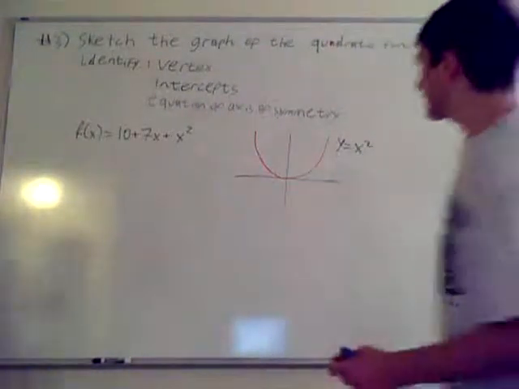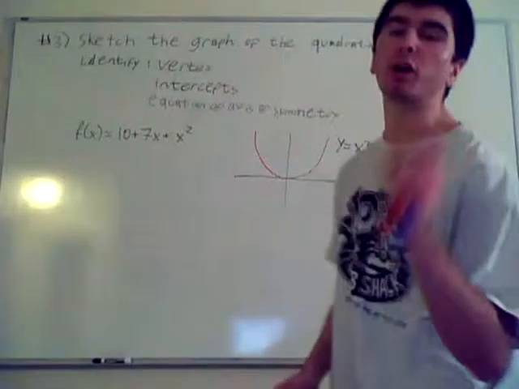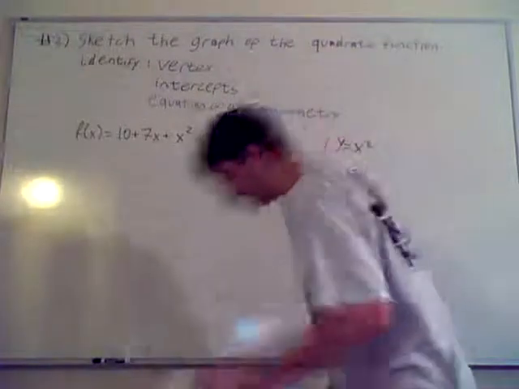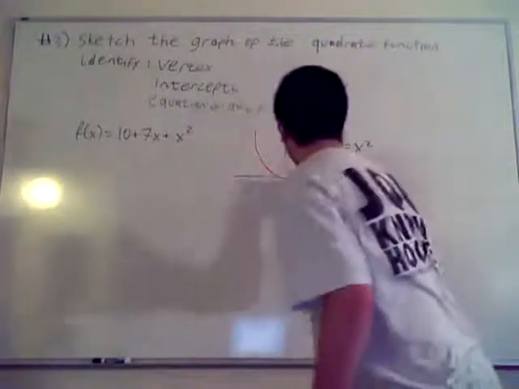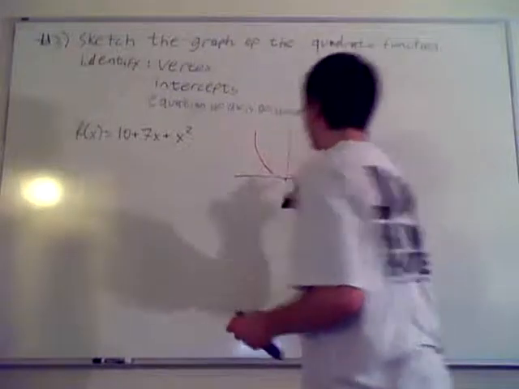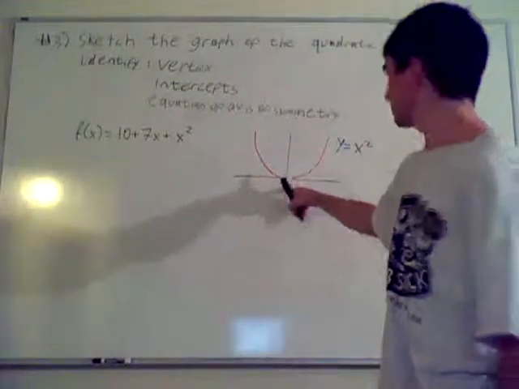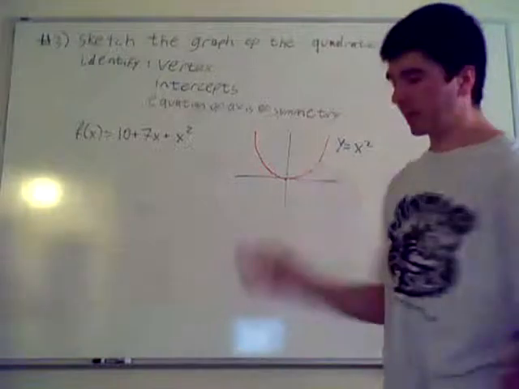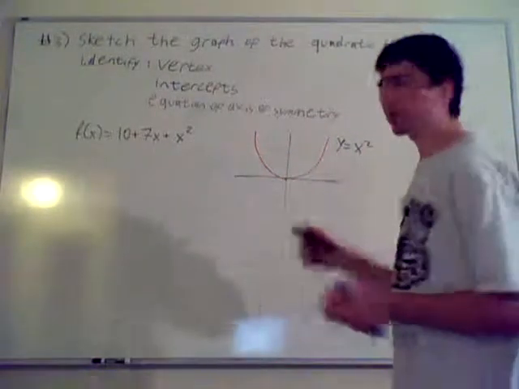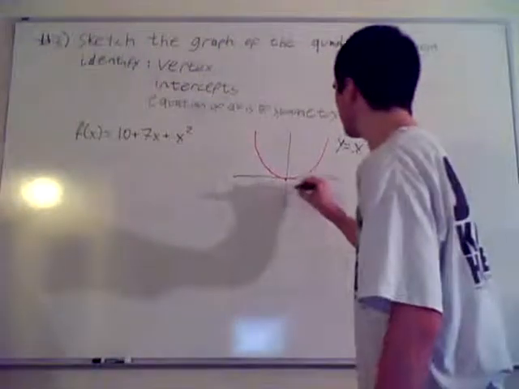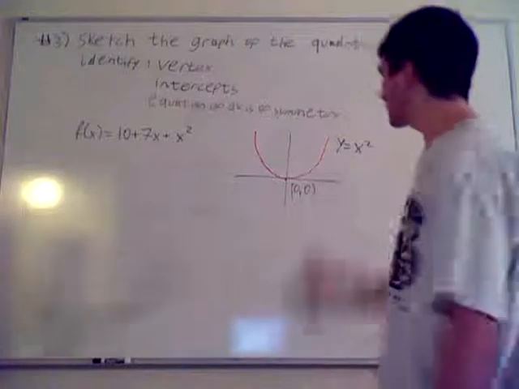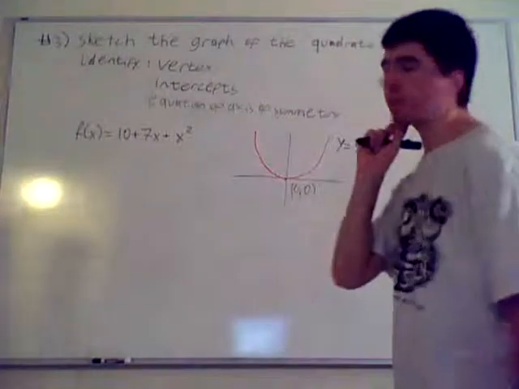So the vertex is the tip of the function. The tip of the function would be right here. Oh no, I broke my marker. Right here, that's the tip of the function. Because you know x squared enough, you can tell me that the tip of the function would be 0, 0. It's pretty simple because it's touching the x-axis.